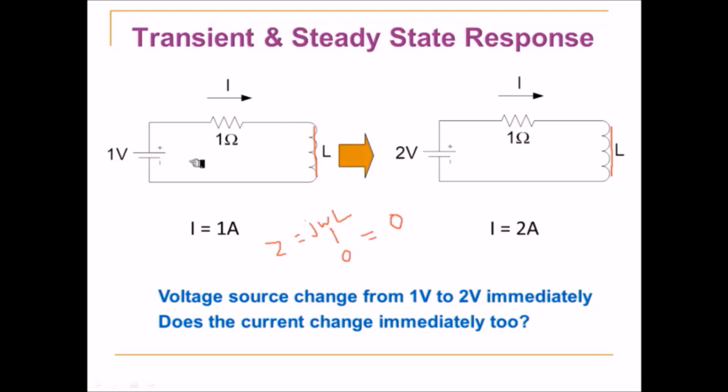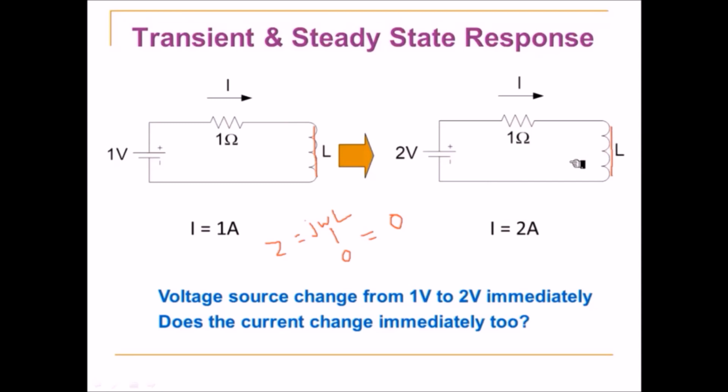If you apply 1 volt, the current flowing through the circuit is 1 ampere. If you change the voltage from 1 volt to 2 volt immediately, will the current change to 2 ampere? No, because of the presence of the inductor in the circuit, it will take a small amount of time to change from 1 ampere to 2 ampere.